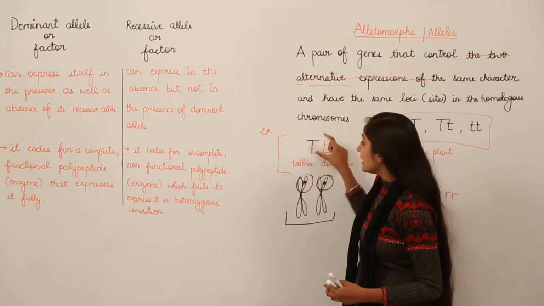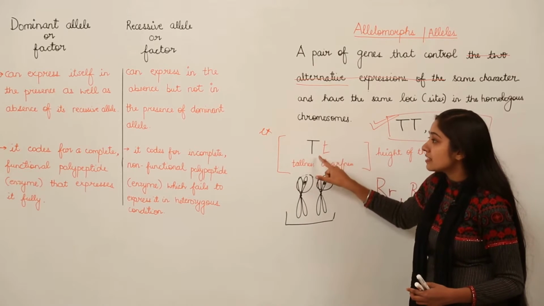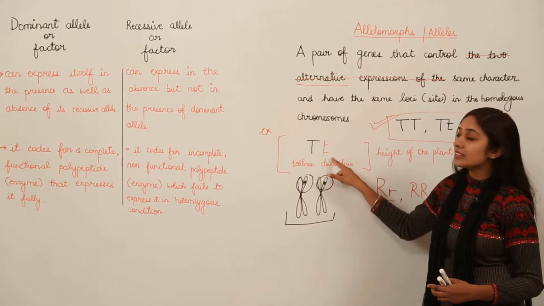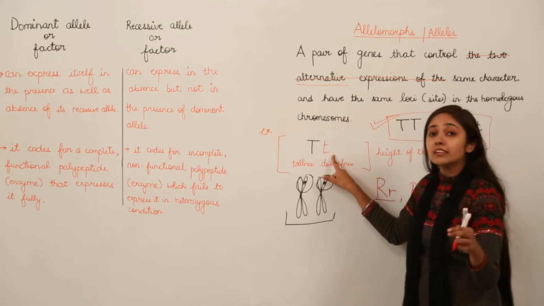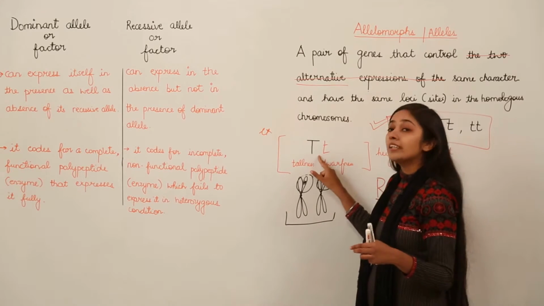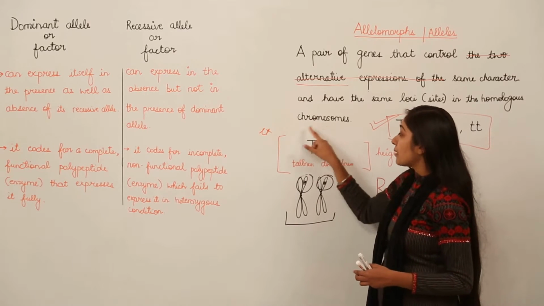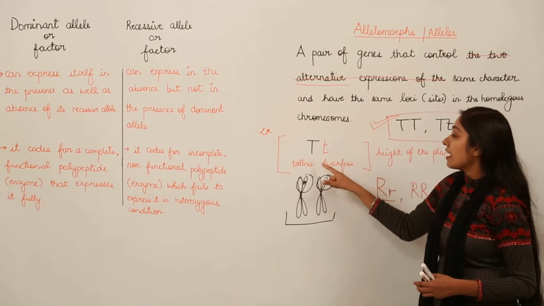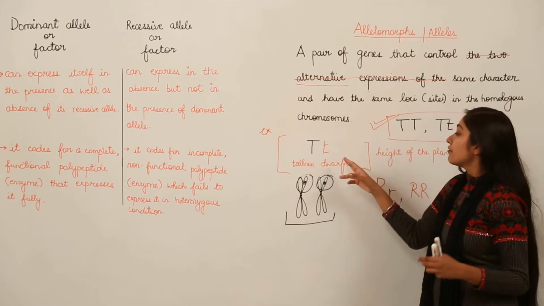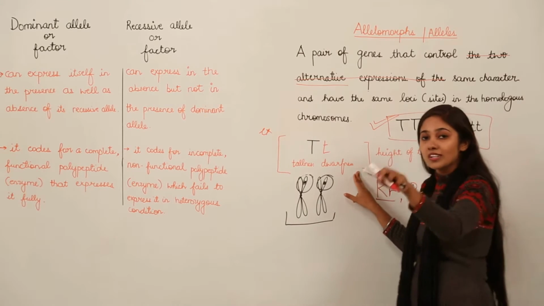So dominant allele is that allele which is going to express itself in the presence as well as absence of this recessive allele. Okay, this is a recessive one. Remember, we write the recessive allele in lowercase letter and we write the dominant allele in uppercase letter. So for this pair, the plant is going to have a height that is taller. It means we will have a taller plant. We will not see the characteristic of dwarfness. We will not see a short height plant.